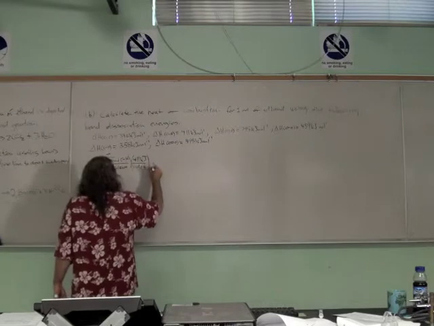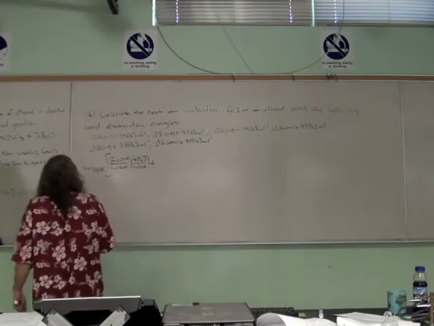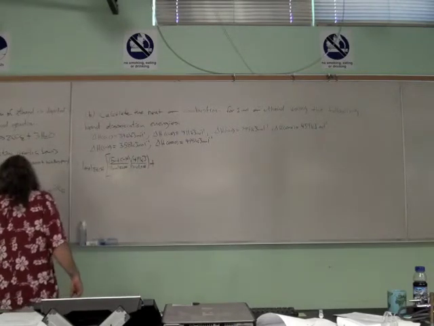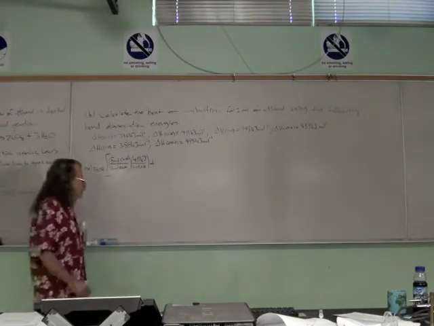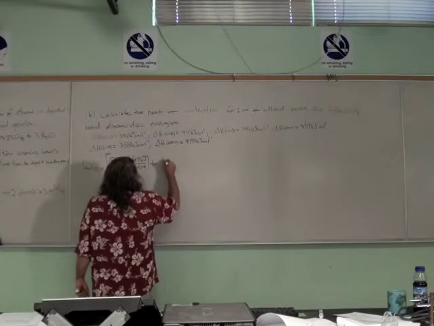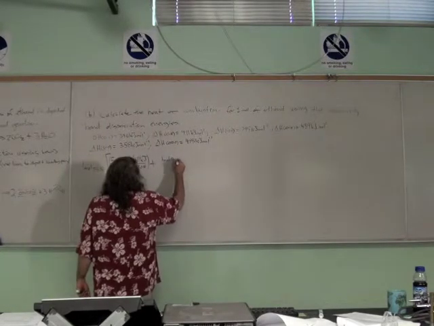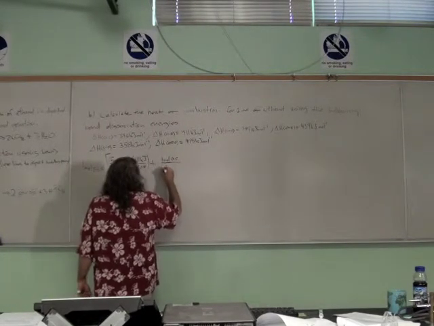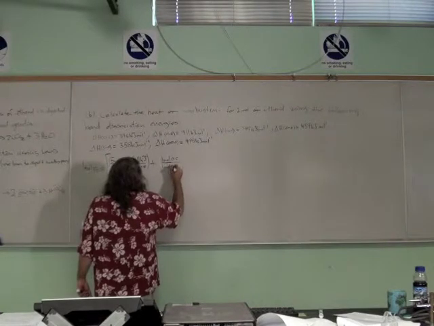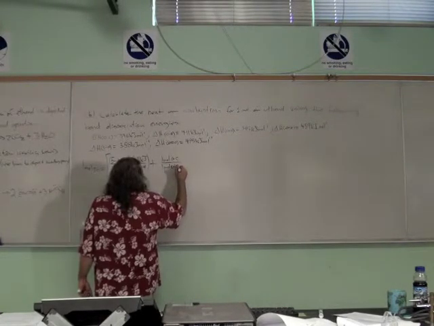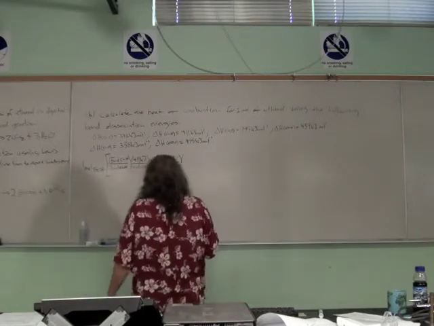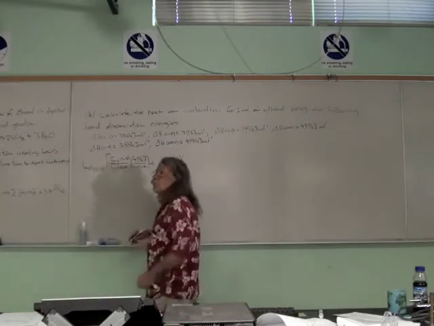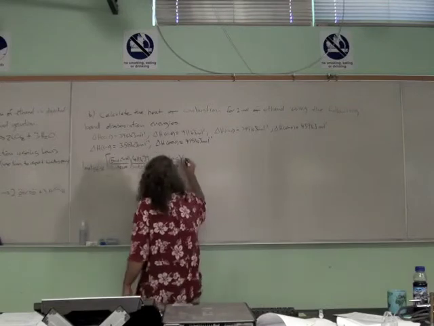Okay? Plus, now I've got how many moles of carbon-carbon bonds? 1 more. Yeah. There's 1 mole of carbon-carbon bonds for every 1 mole of ethanol. And what is the association for carbon-carbon bonds? 346. Yeah.